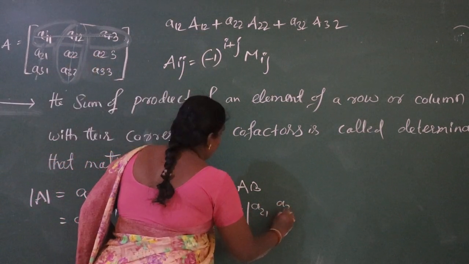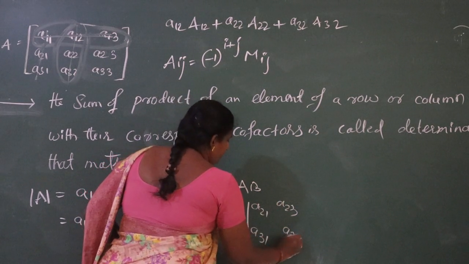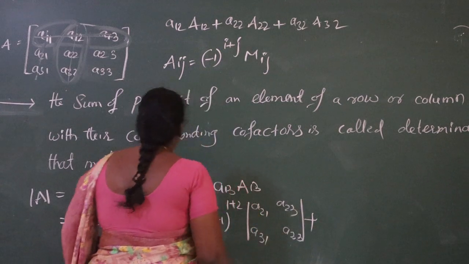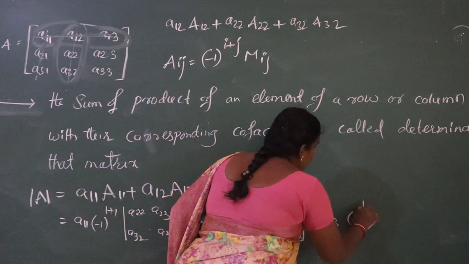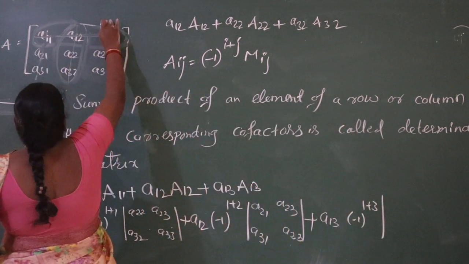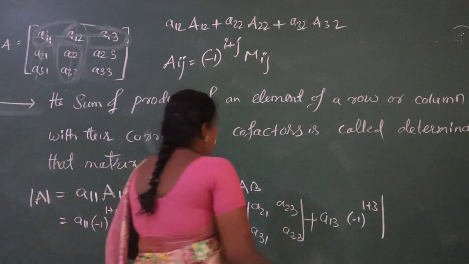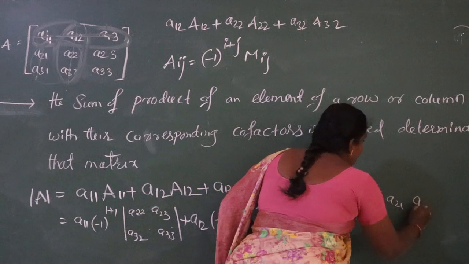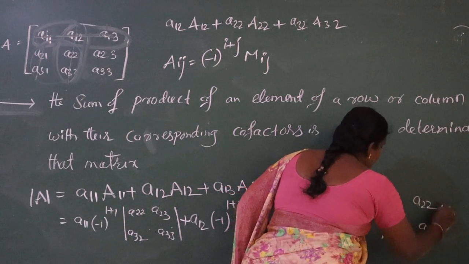A21, A23, A31, A33. Next, plus the third one, a13 into minus 1 whole power 1 plus 3 into det of: now remove a13's row and a13's column. Now these 4 elements remain: A21, A22, A31, A32.